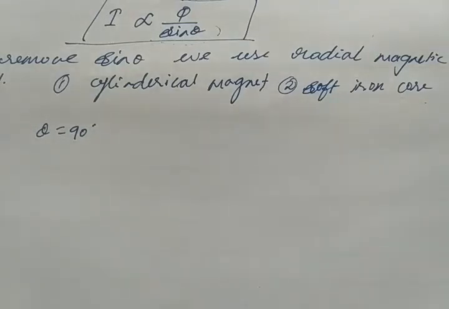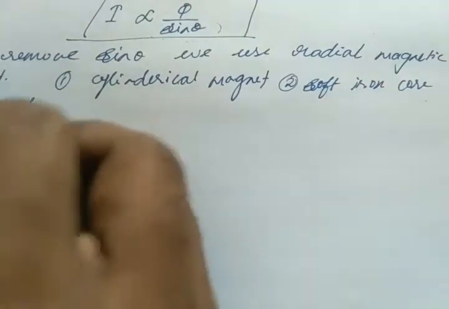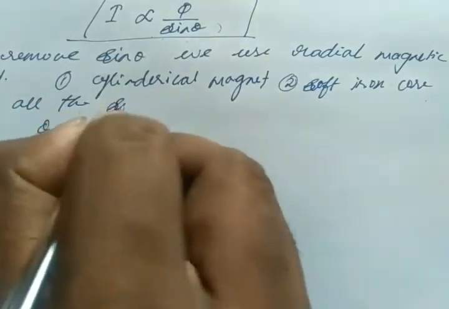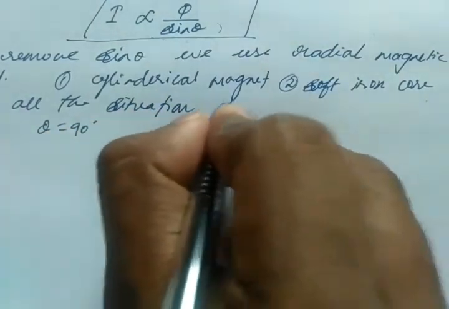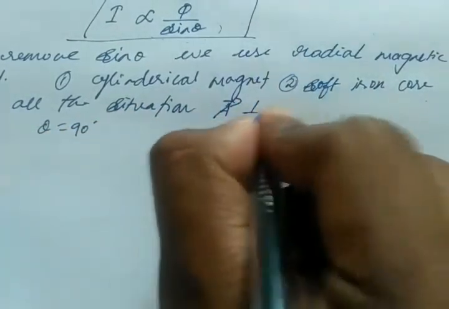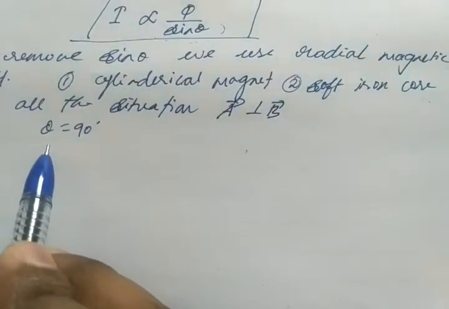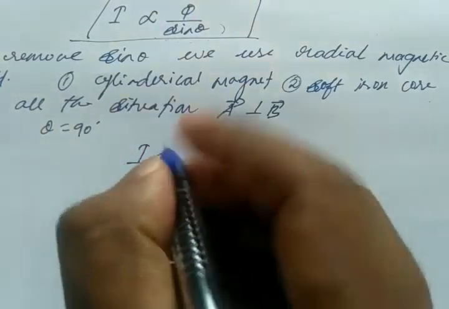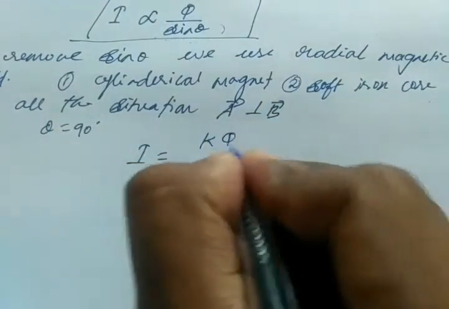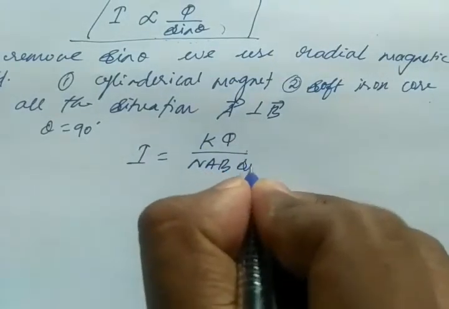Right. So in all situations, the area vector of the coil is perpendicular to the magnetic field, so the torque equation becomes NIAB sin 90.